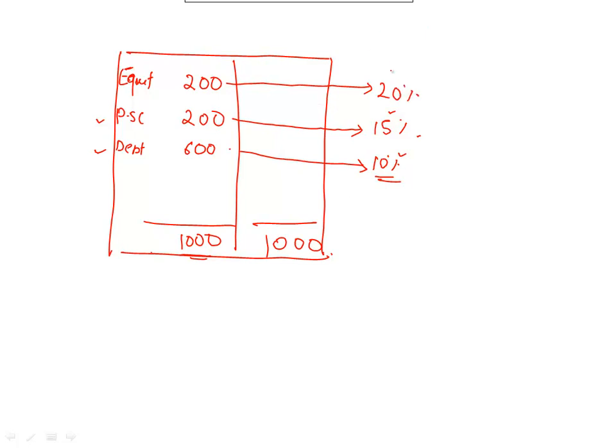So what is this topic about? This topic is about how you find out cost of equity, how you find out cost of preference share, and how you find out cost of debt. Now once I have these three costs with me, I want to do a project with this money. And this project is going to earn me, let's say, a return of 15%.